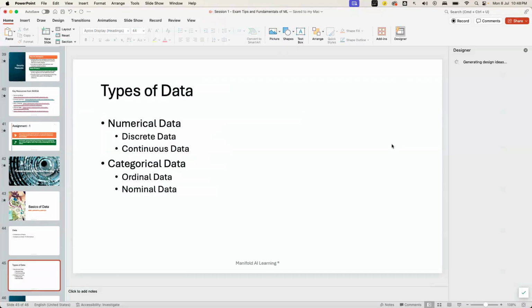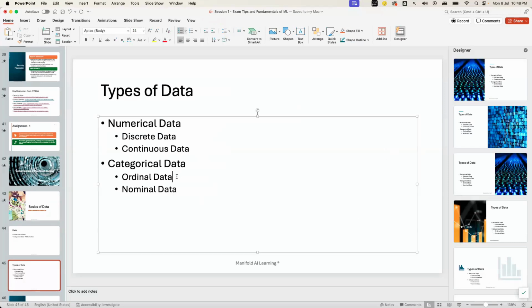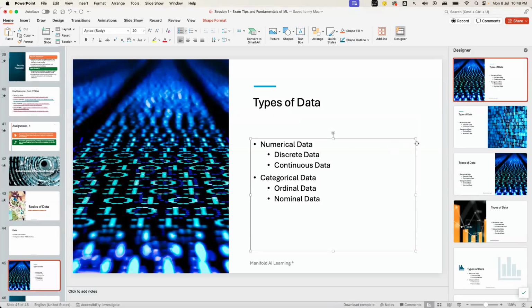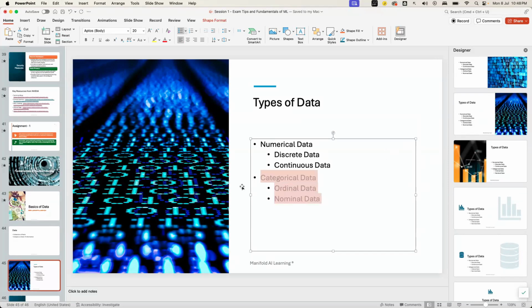Now, why is this categorization important? Well, depending on the type of data, the analysis and the plot that we create are going to vary. Hence it is important that we understand how to identify such data. So let's start with the categorical data. Under categorical data, we have ordinal and nominal data.